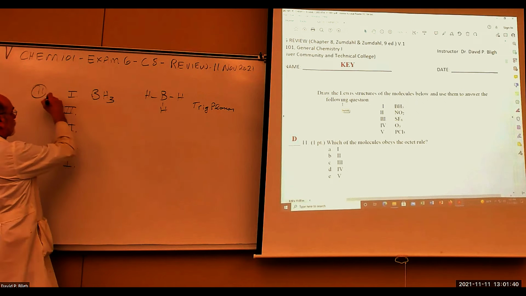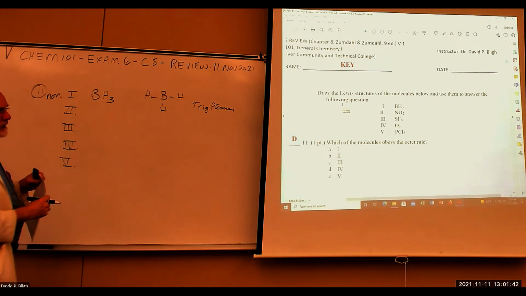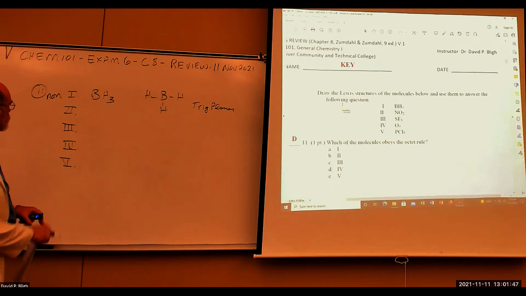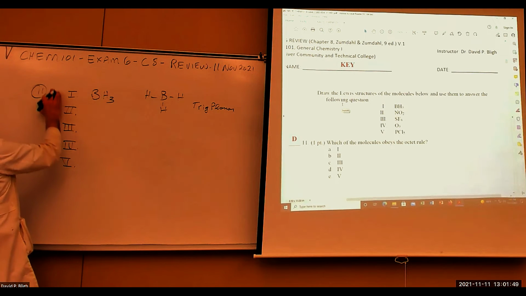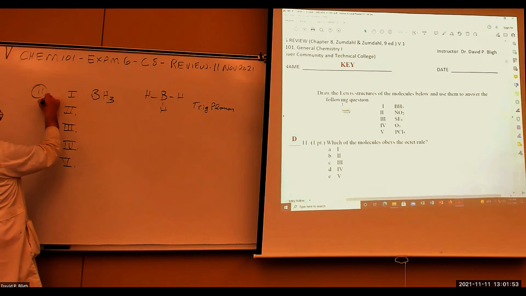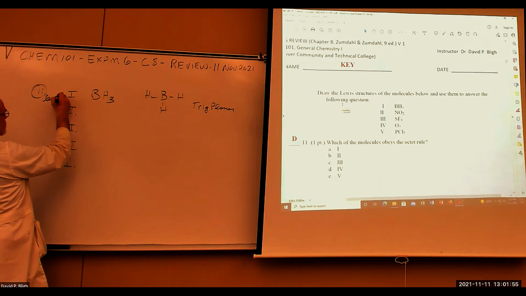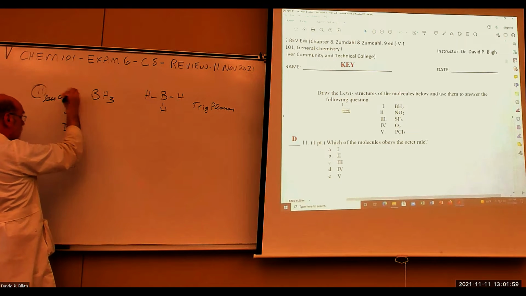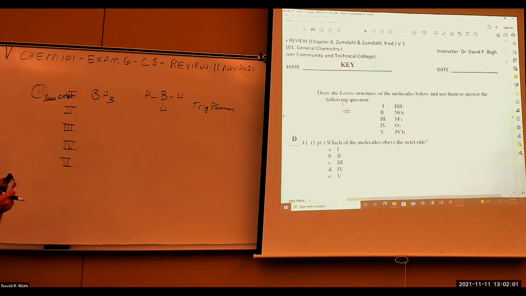So this one's non-polar. Is that what we're looking for? Which of the following obeys the octet rule? No, it's not polarity we're talking about. This one is less than octet.